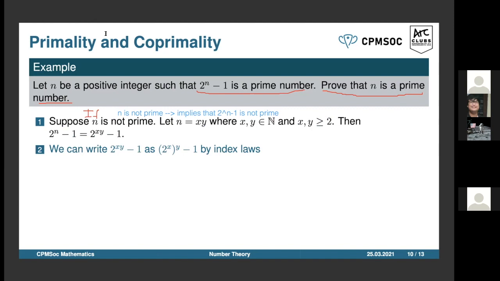Now we could analyze some small cases to see why 2 to the n minus 1 is not a prime number. Let n be equal to 6. Then we can make x equal 2 and y equal 3.